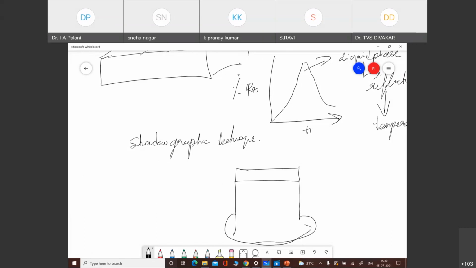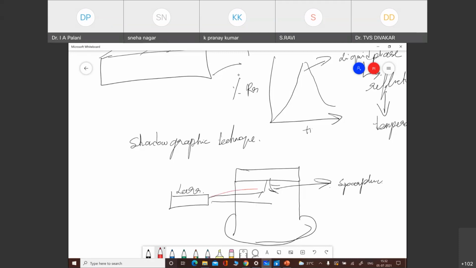This is an engine where there is sparking happening because of the spark plug. Now, I would like to visualize how this sparking happens. One option is I can just use the laser, in the form of a sheet.